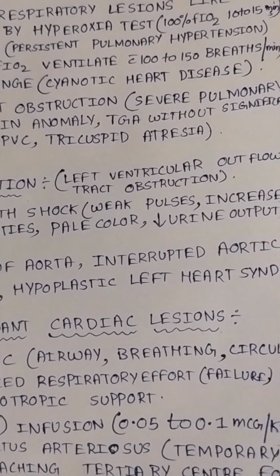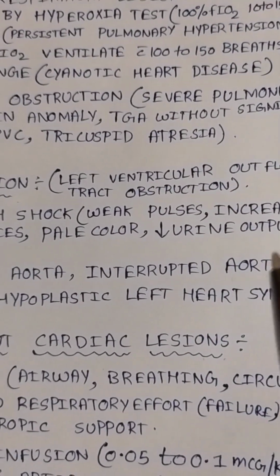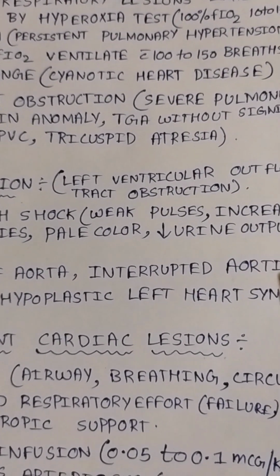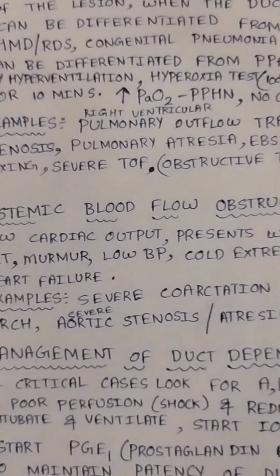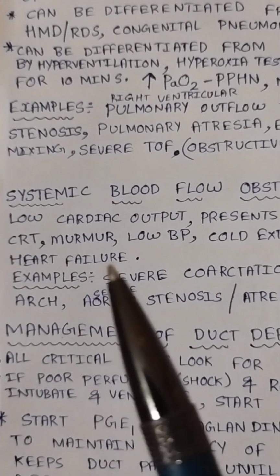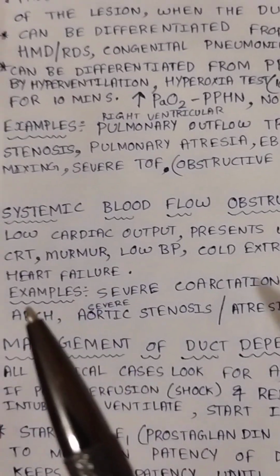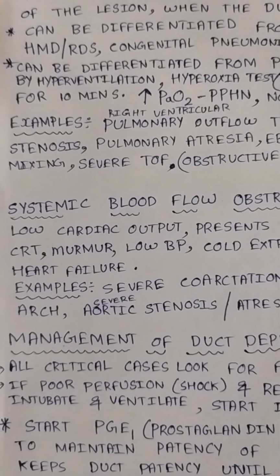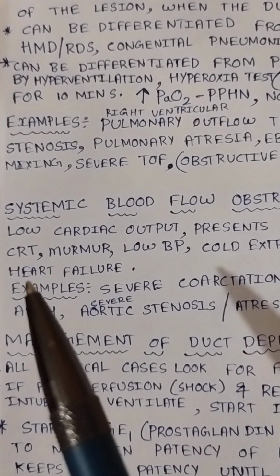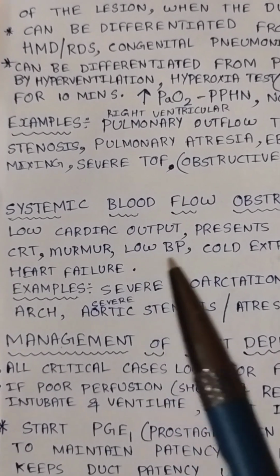Decreased urine output will be there, because if there is no blood flow to the kidneys, there will be decreased urine output. And the baby might present with heart failure. All these signs are of heart failure and shock.